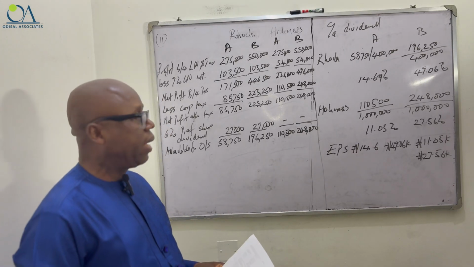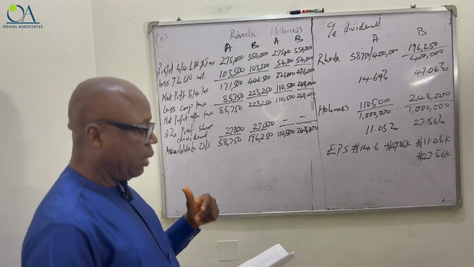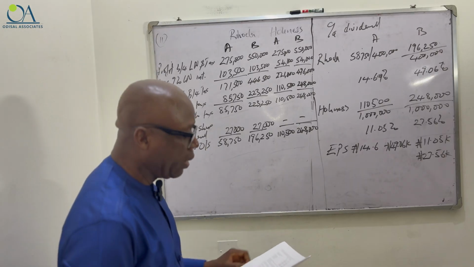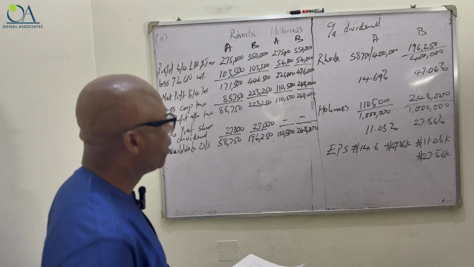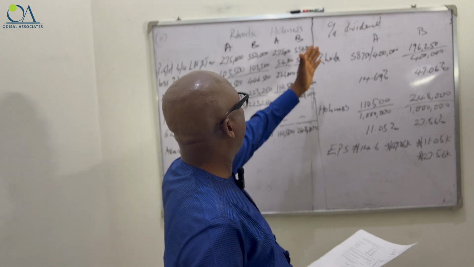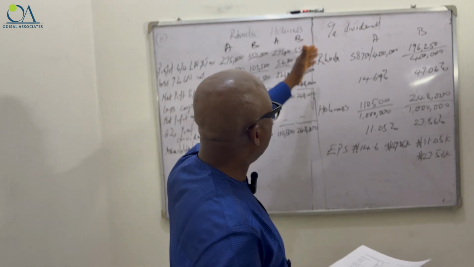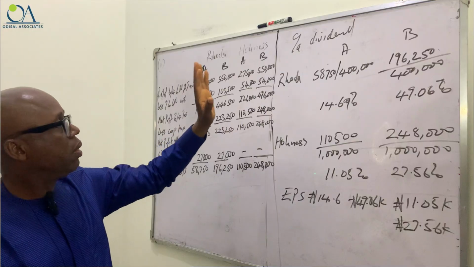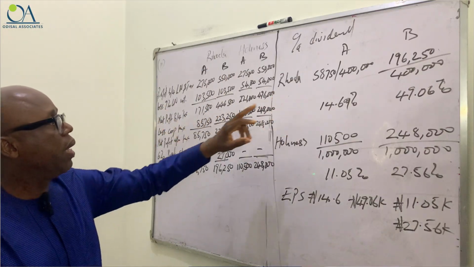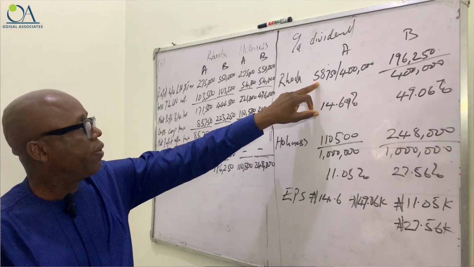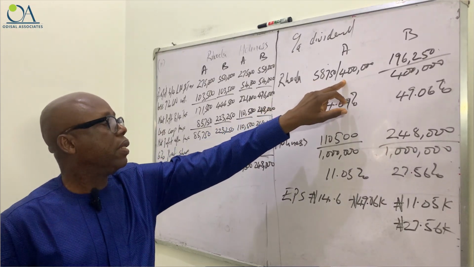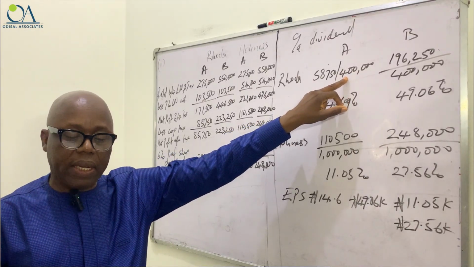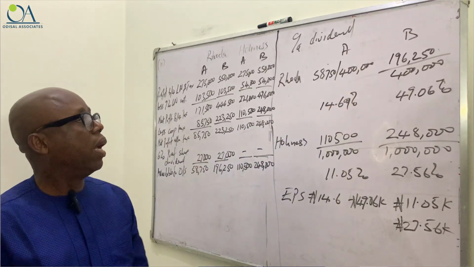So it is from there that you can now calculate the maximum percentage dividend that can be paid to the ordinary shareholders. So for Rhoda, the profits after you have deducted the dividend of the preference shareholders for scenario A is 58,750, and the number of ordinary shares is 400,000 because the share is said to be 1 naira per share.